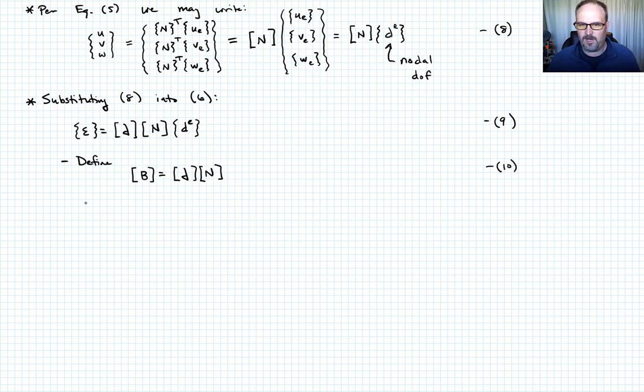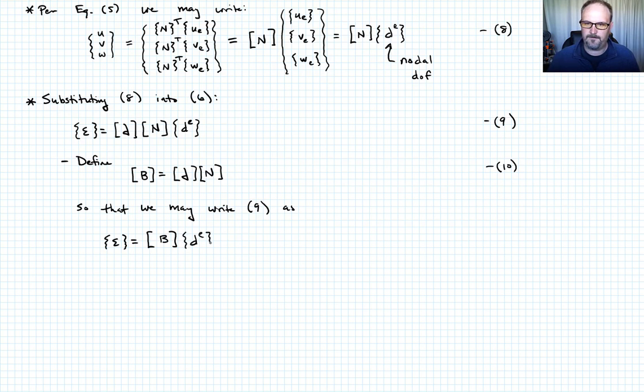So that I can write equation 9 as follows. We can say then that epsilon is equal to B times our nodal degrees of freedom. Okay? Call that equation 11. Okay, so now I'm ready to do some substitution back into my function for potential energy. So I want to substitute equation 8 and equation 11 into that form for potential energy given by equation 4.